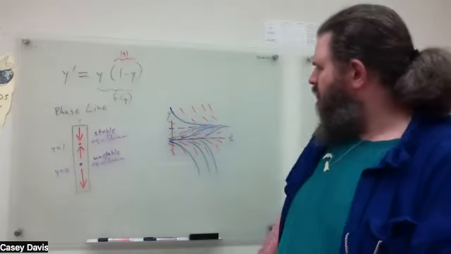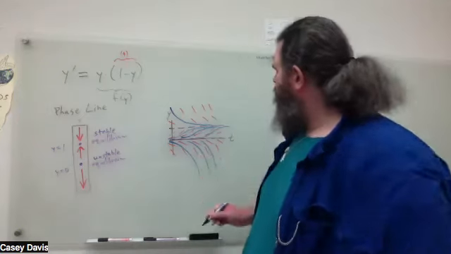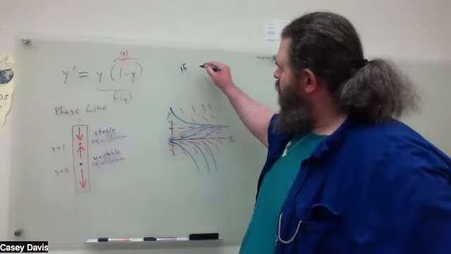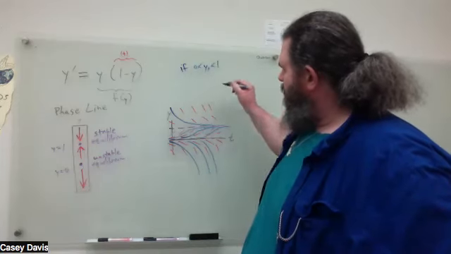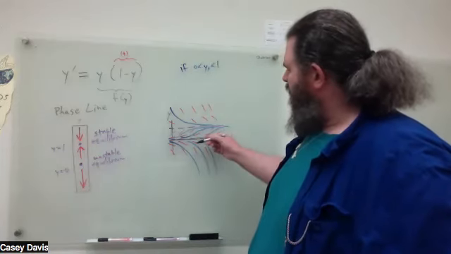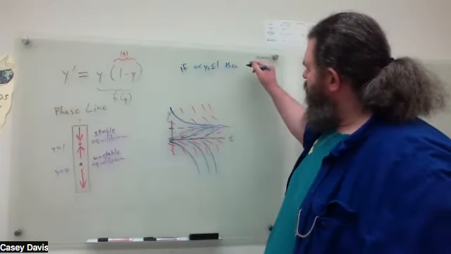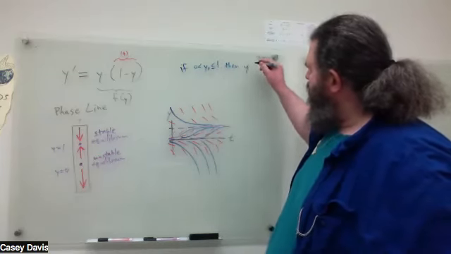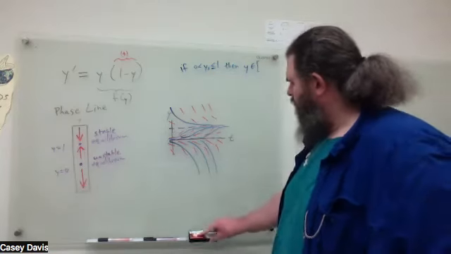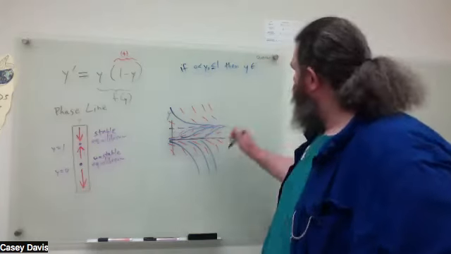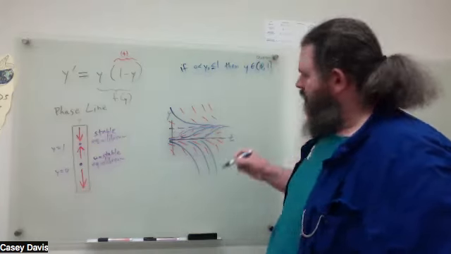The answer, I think I would just say something like, if y naught is between 0 and 1, presumably including 1, then y will be in the range from, I guess not including 0, from 0 to 1.